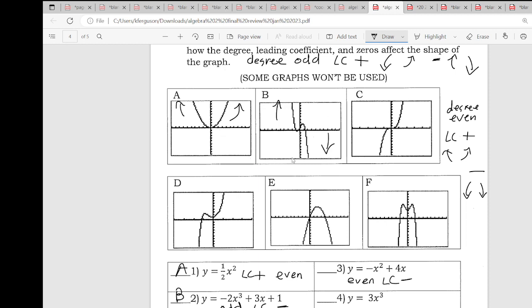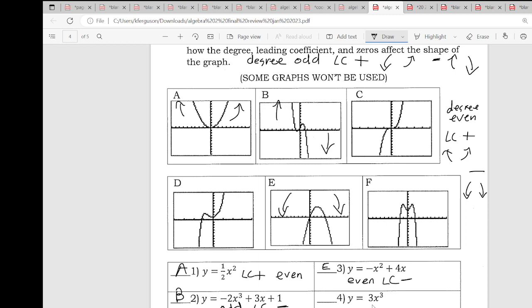So I look for which ones start down and end down. Well, I got 2. Start down and end down. Which one of these do you think it is? It's going to be E. Start down and end down.